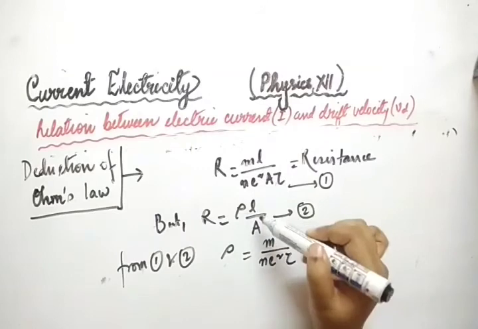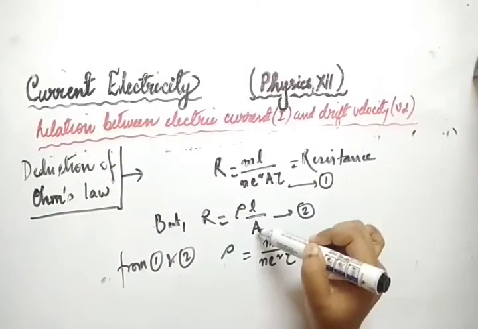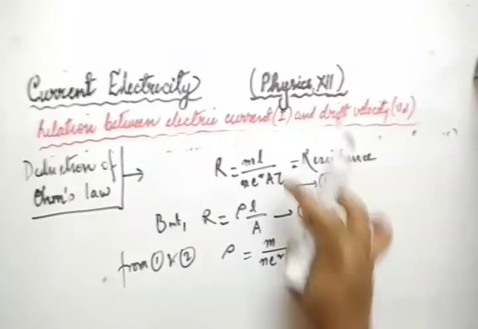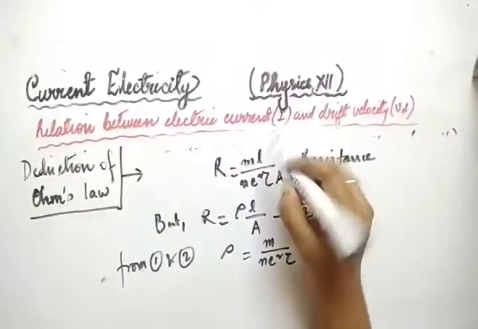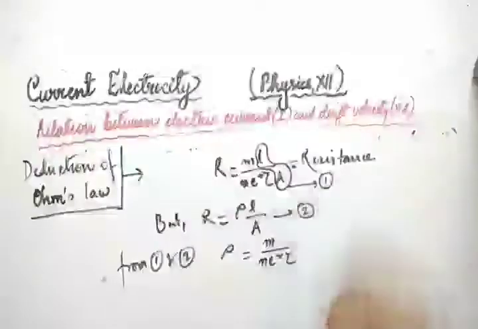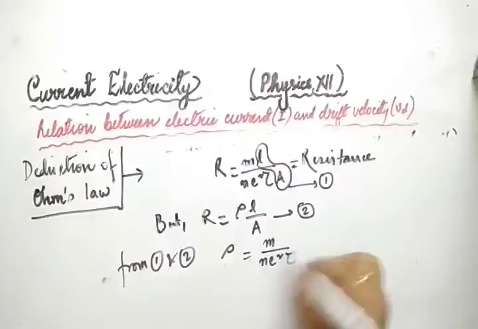So L by A is also here. If you leave L by A, all the other terms will represent rho, the specific resistance.